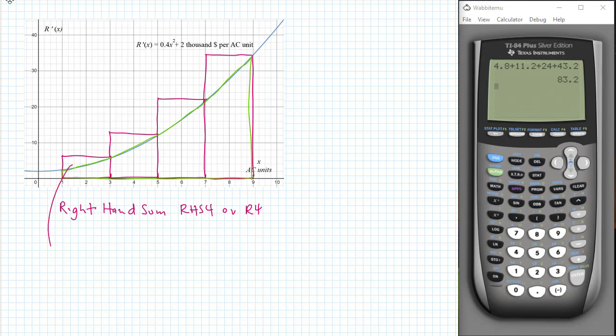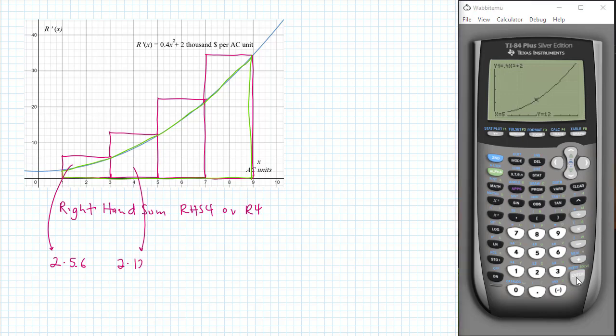We're going to take that first rectangle. The width is 2. To find the height, I need to go back to my graph, and I'm going to trace, and I'm going to put 3 into the function. So it's 5.6 high. The next one is 2 wide, and its height comes from putting 5 into the function.